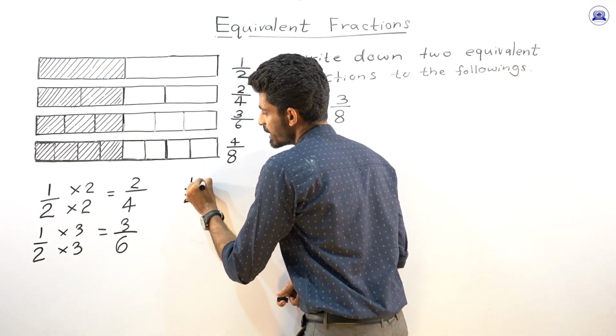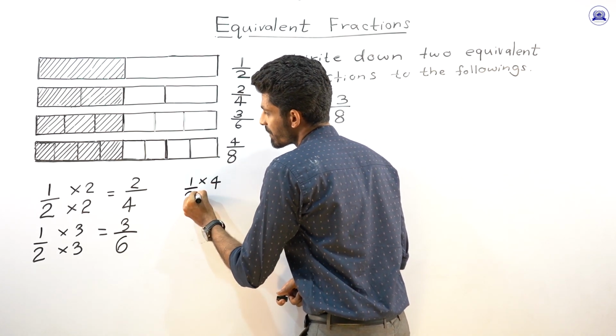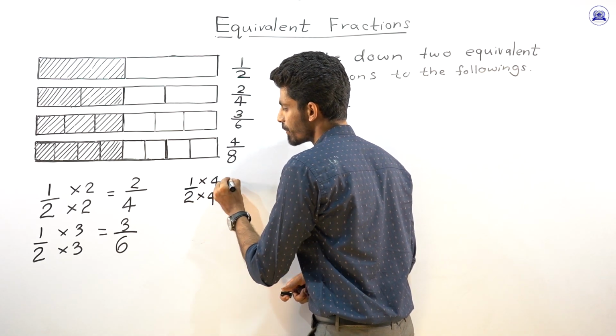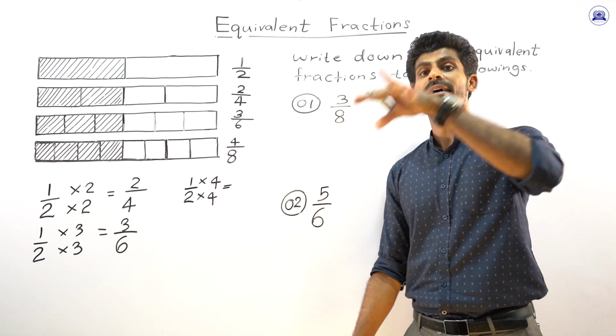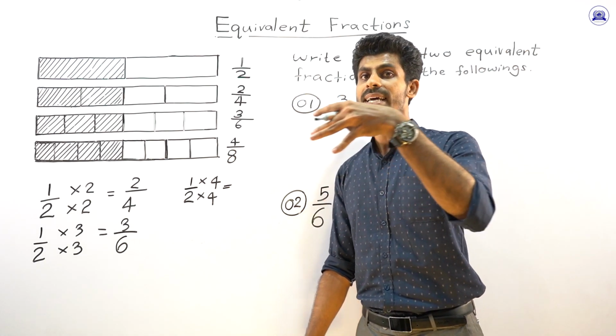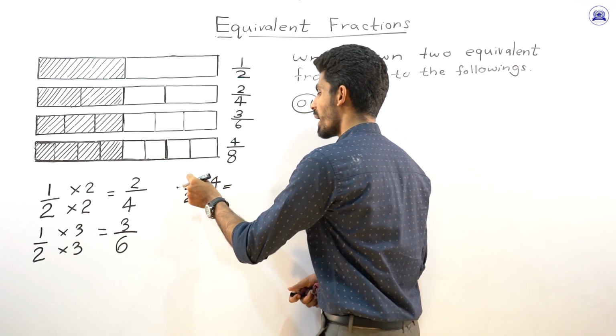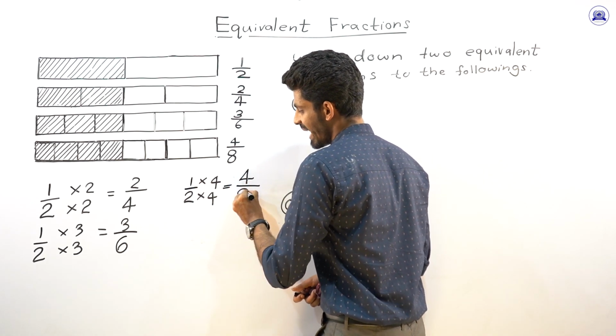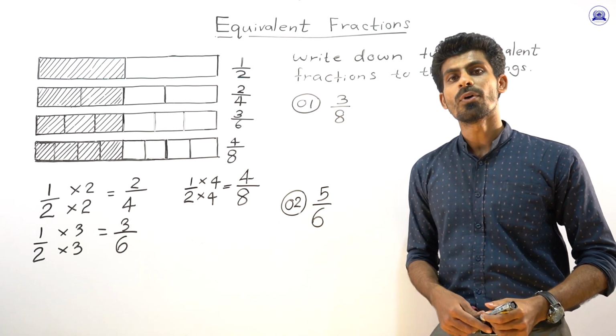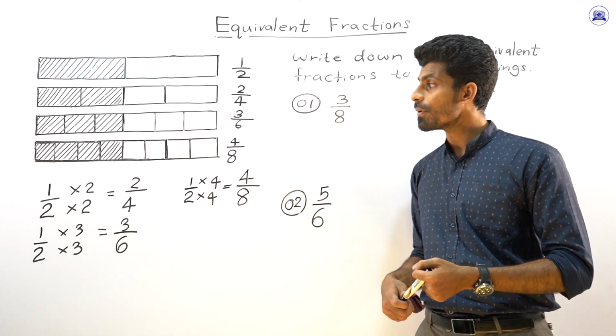From 1 over 2, you need to multiply by 4. I'm going to multiply both the numerator and the denominator by 4. 1 into 4 is 4, 4 into 2 is 8. 4 over 8.